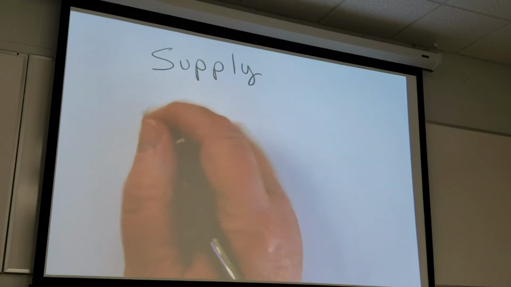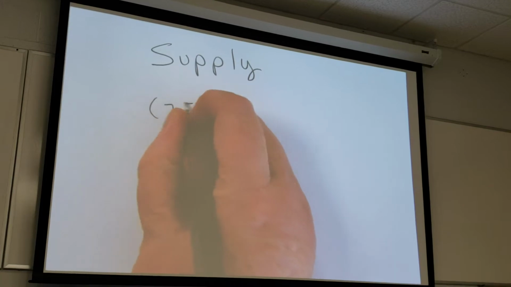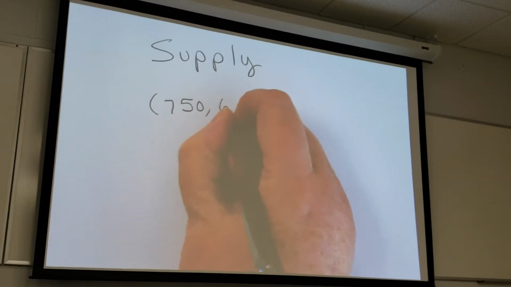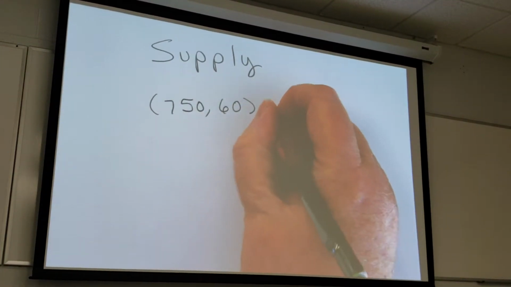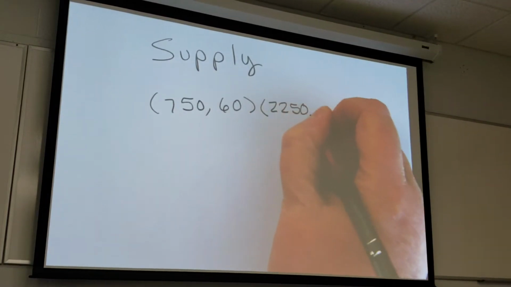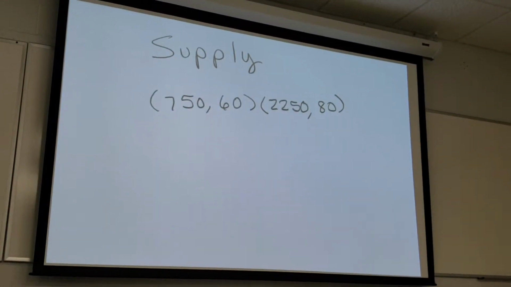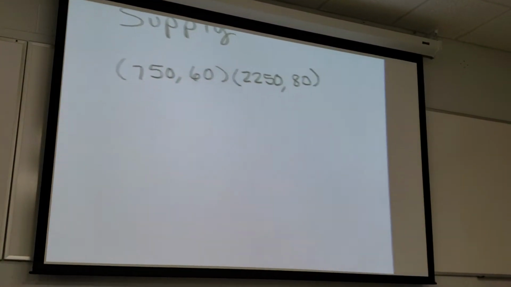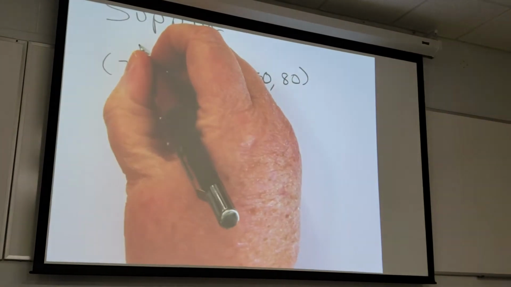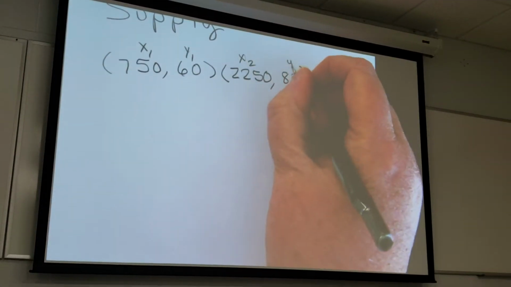You are gonna have 750 at $60 and 2,250 at $80. All right, first thing, slope. X1, Y1, X2, Y2.